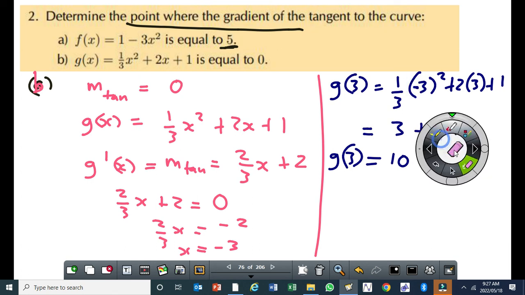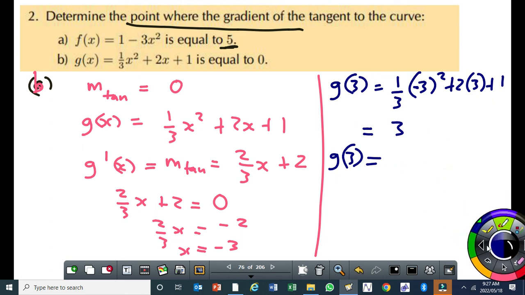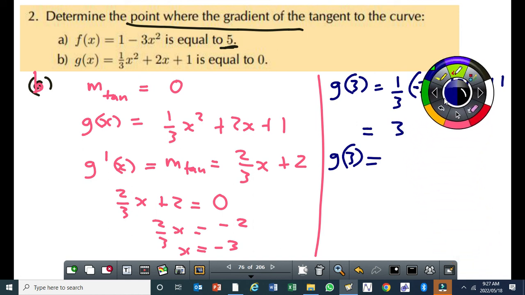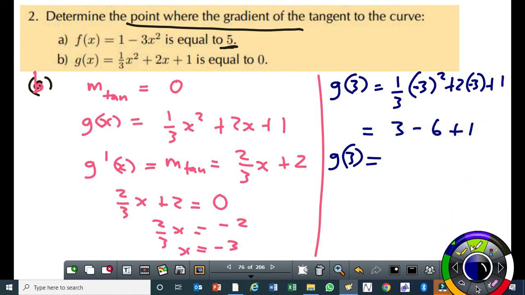Okay, sorry for that. Okay, so I'll get 9, a third of that is 3, so this will give me 3 minus 6 plus 1. So my answer there is going to be negative 2.